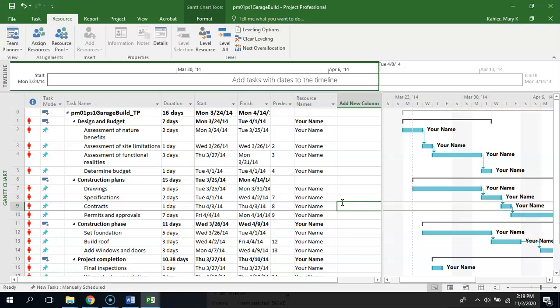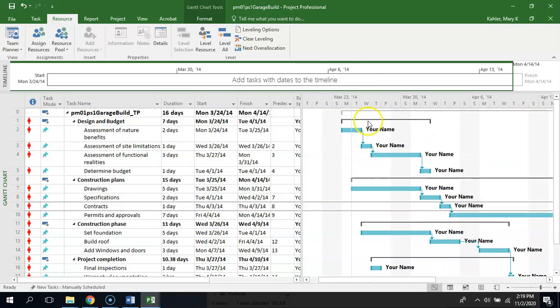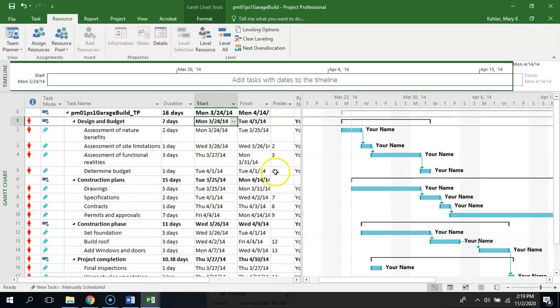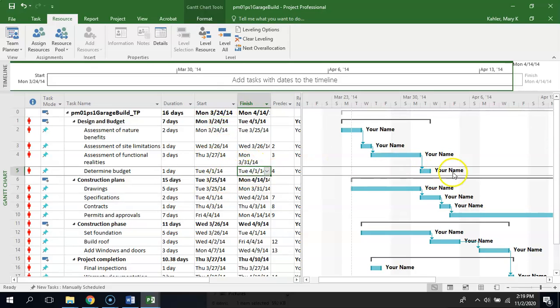And if you look at the waterfall that you should have over here on the right-hand side, obviously design and budget needs to come before construction plans. But the way it's set up right now, the design and budget is starting on the 24th and ending on the 1st of April, but then the construction plan summary task isn't where it's supposed to be, which is following that, right?